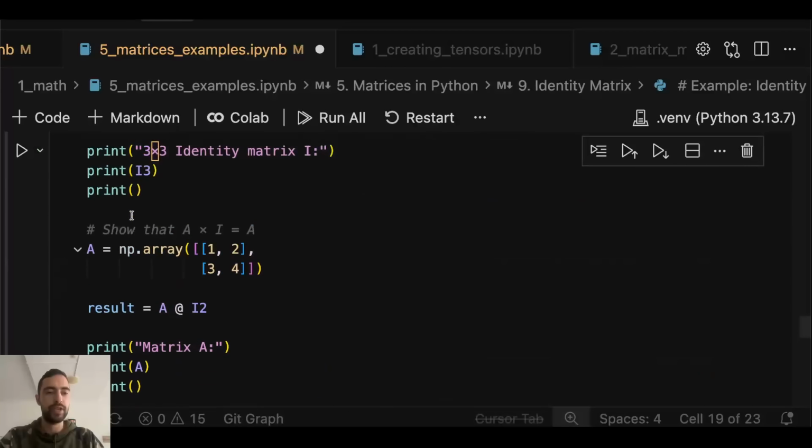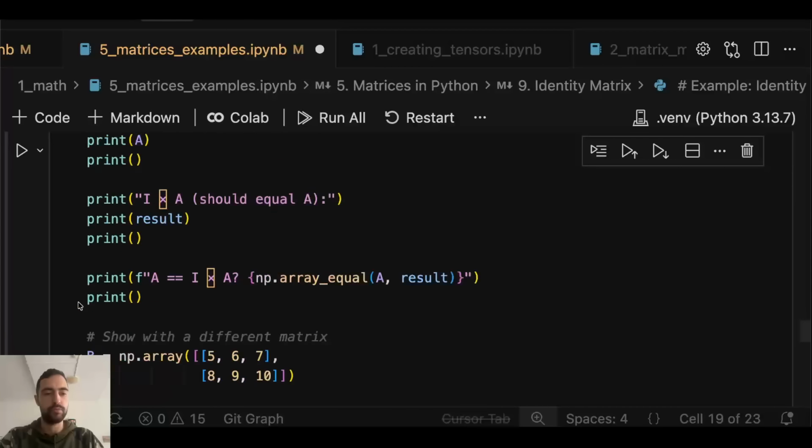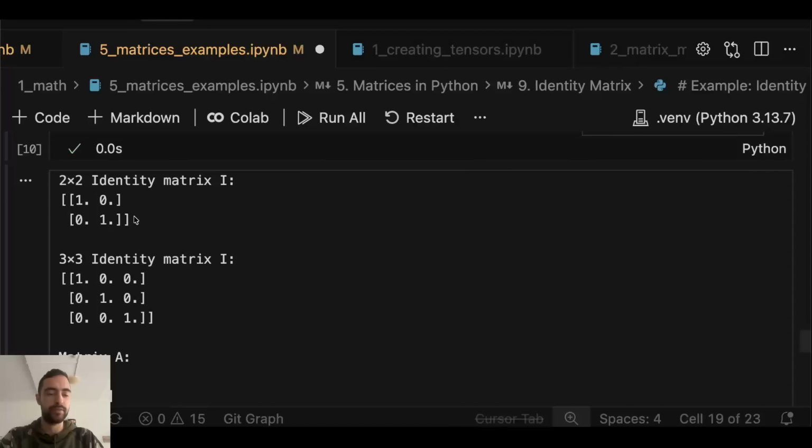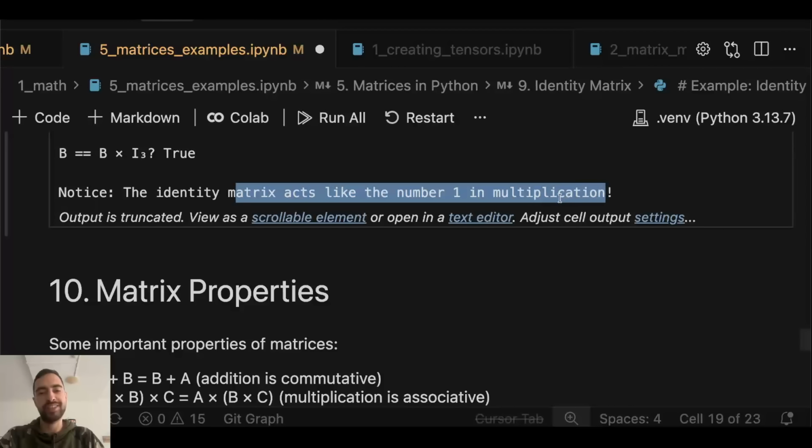And in Python, you can create an identity matrix by saying np.eye and then how many rows and columns. So 2 or 3 or whatever the number is. So this is 3 by 3, it can be any number. So the identity matrix acts like the number 1 in multiplication, so it doesn't change the thing it's multiplying.